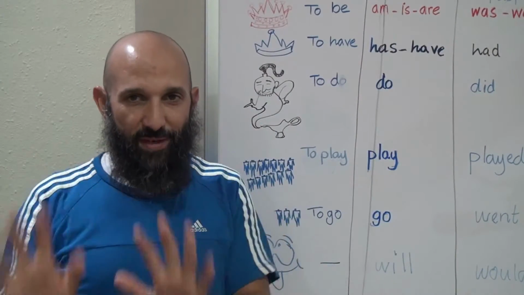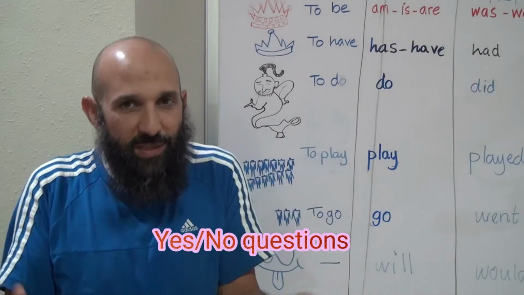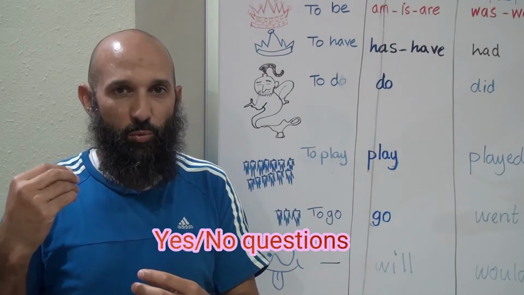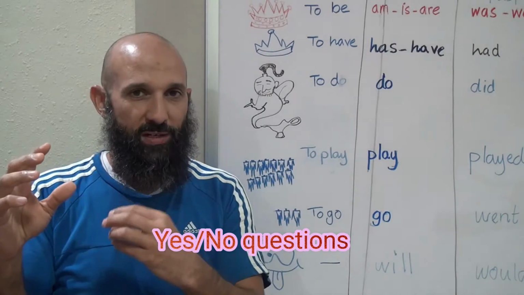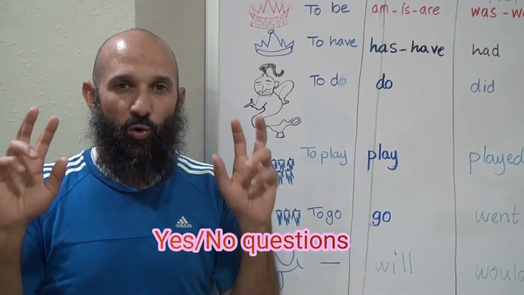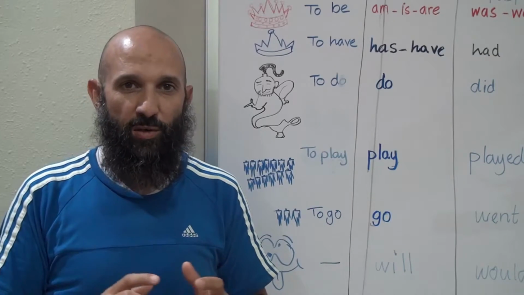The questions I've explained so far are the yes, no questions. What does that mean? That means the answer to those questions are the word yes or the word no. They are called hal questions in Arabic.